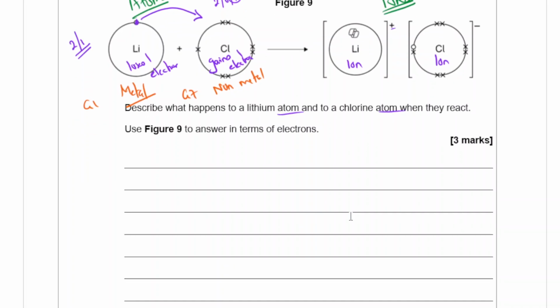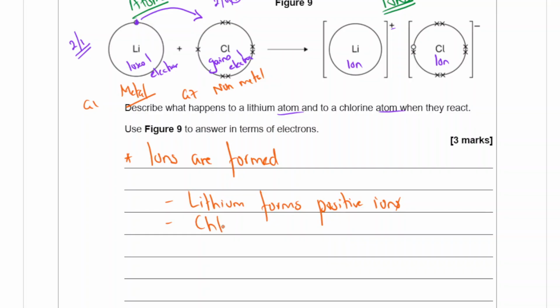Use figure 9 to answer in terms of electrons. So ions are formed, right? So you could say lithium forms positive ions, or ion.